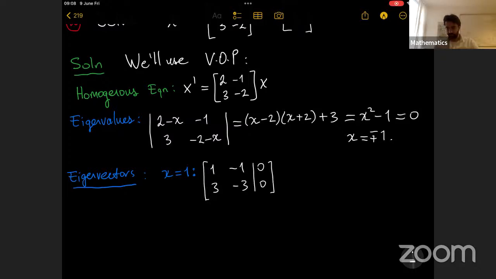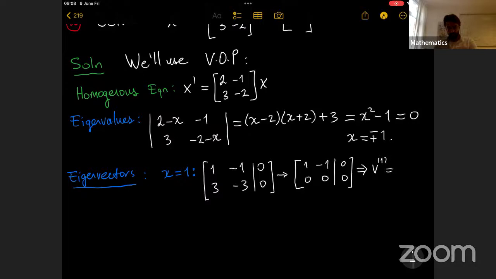Well, you can simplify this using row reduced echelon form. Multiply the first row by 3 and subtract from the second one, so you will get 1 minus 1, 0, 0, 0, 0. This tells you that the eigenvector will be, let's call it V1.